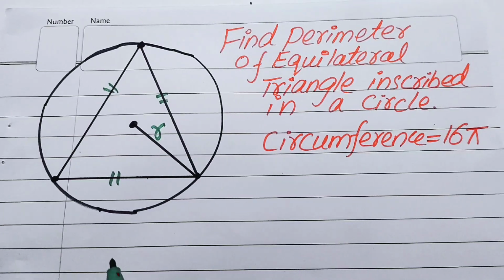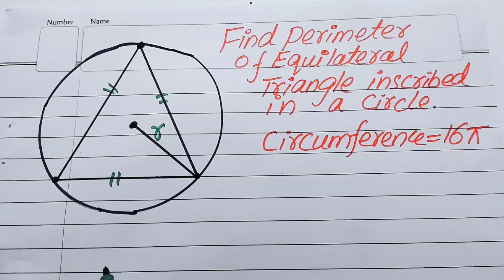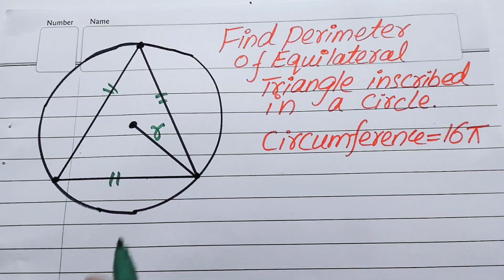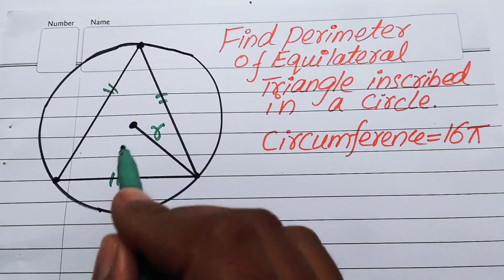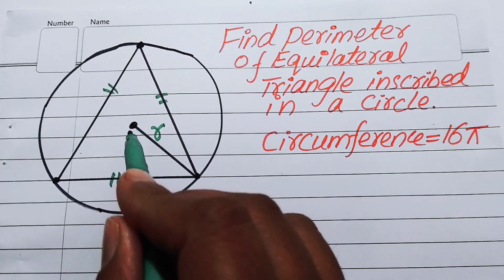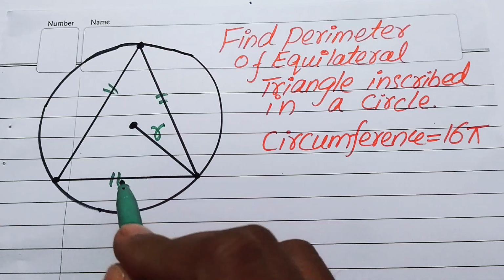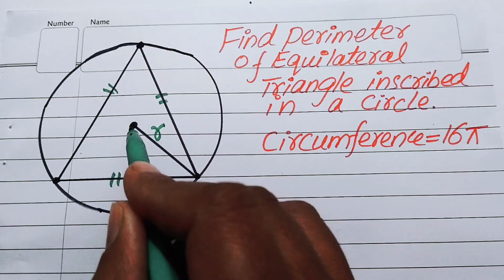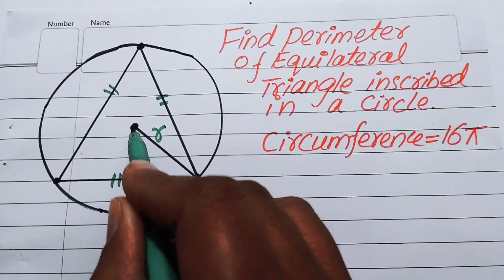In order to find the perimeter of this equilateral triangle, we first draw a perpendicular line from the center to the side of the equilateral triangle.